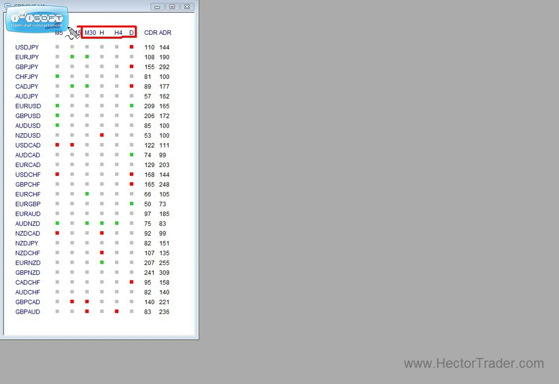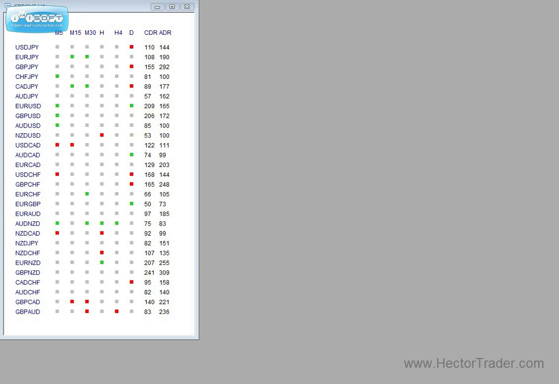I'm not a hardcore scalper, so I don't pay that much attention to these two columns on the left end of the indicator. I pay attention mostly to what's going on at the right end. But every trader has got to decide their time frame of preference. Like I said, myself, the 30 minutes, the hourly, the 4 hours, on occasion the daily as well.